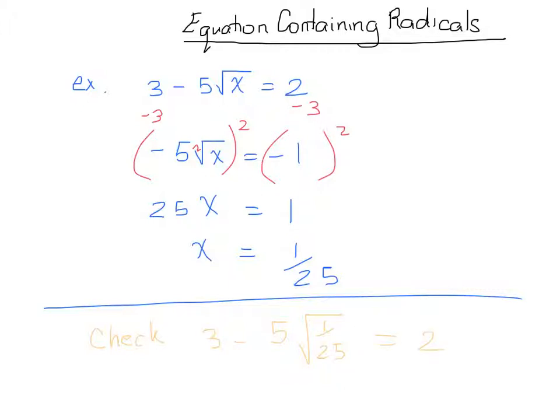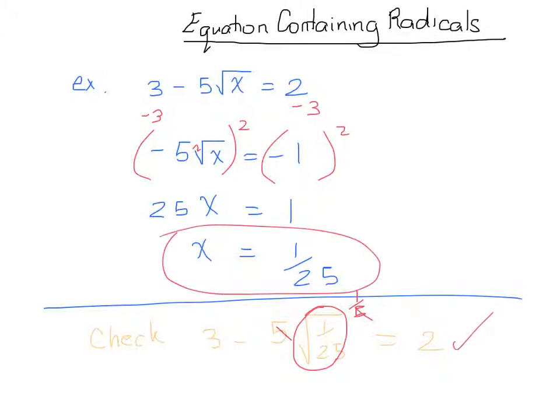Well, the square root of 1 over 25 is 1 over 5, and our 5's would cancel, so 3 minus 1 is in fact 2. So it looks like we're right. Cool. So that one wasn't so bad because we didn't have an x over on this side. It gets a little bit harder if we do have an x over on this side, so let's try another example.